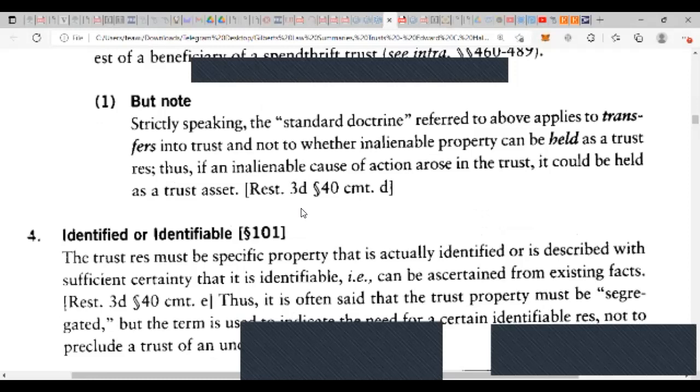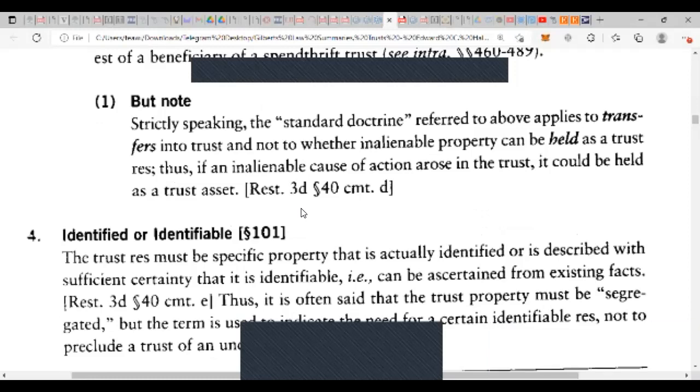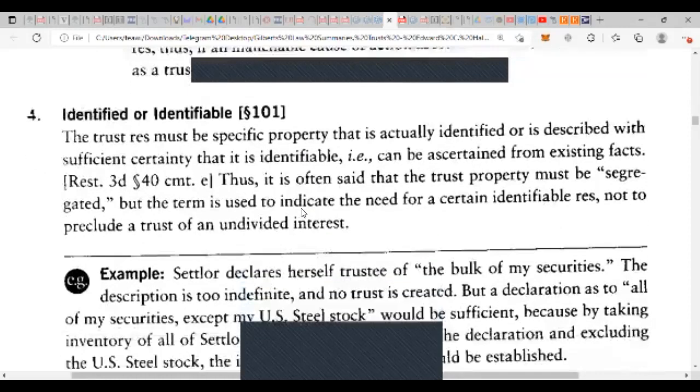But note, strictly speaking, the standard doctrine referred to above applies to transfers into trust and not to whether inalienable property can be held as a trust res. Thus, if an inalienable cause of action arose in the trust, it could be held as a trust asset.